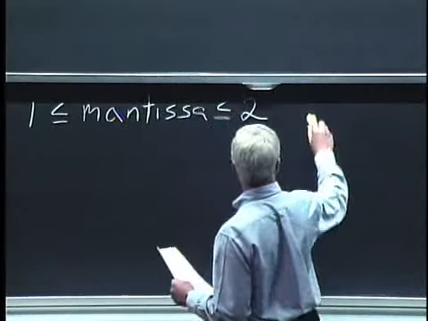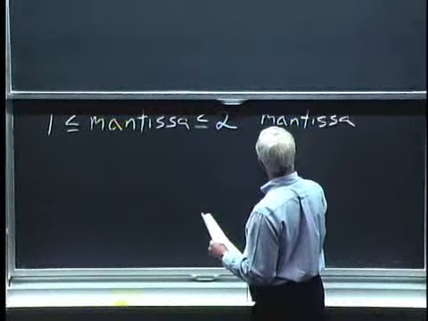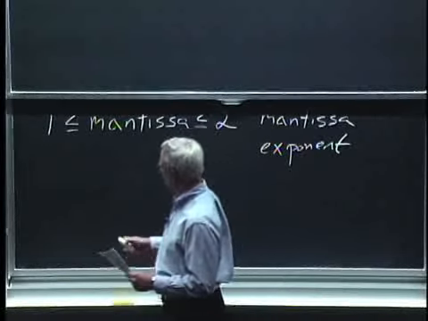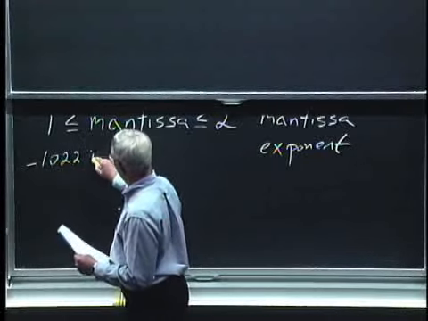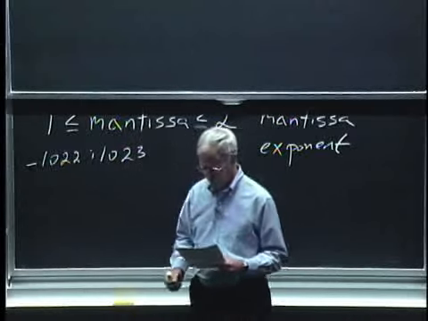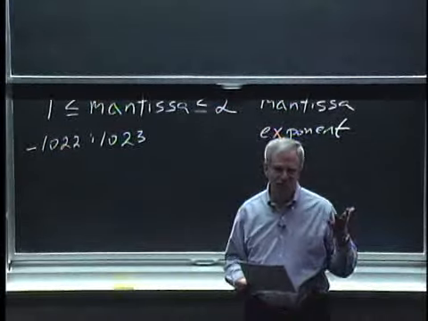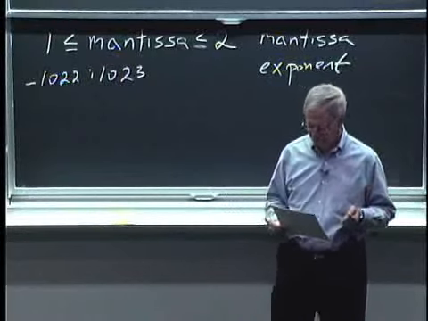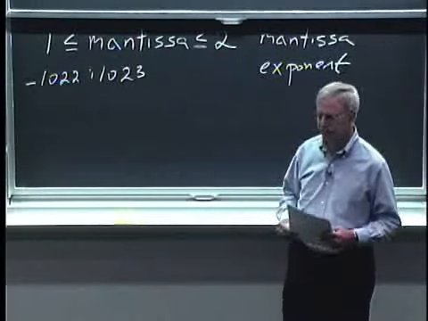The exponent is in the range minus 1022 to plus 1023. So this lets us represent numbers up to about plus or minus 10 to the 308th. So quite a large range of numbers.